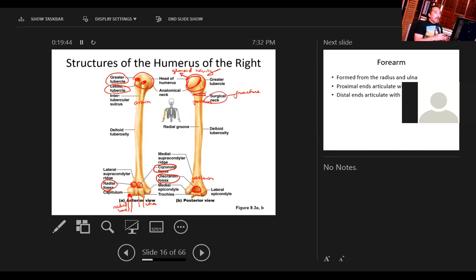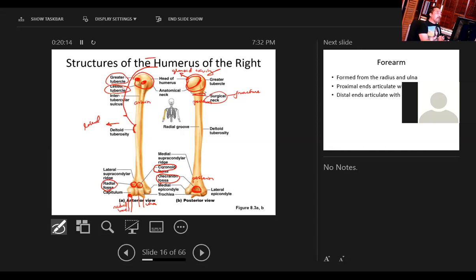Okay, now I'm going to go to the middle part of my humerus. On the medial side, I mean the lateral side. This is lateral. There's a bump on the lateral side, and that bump is called the deltoid tuberosity. The reason why it's there is because the deltoid muscle comes from the top part of the girdle and then inserts at that bump.